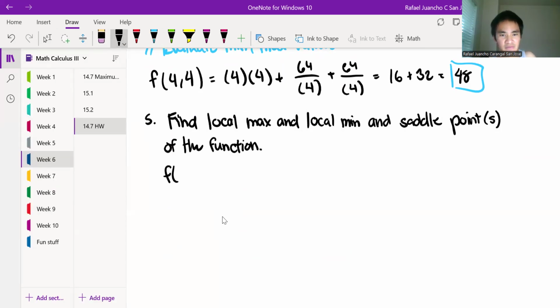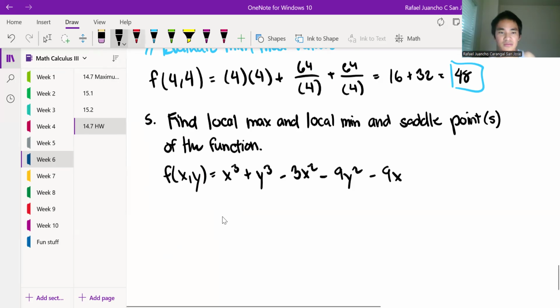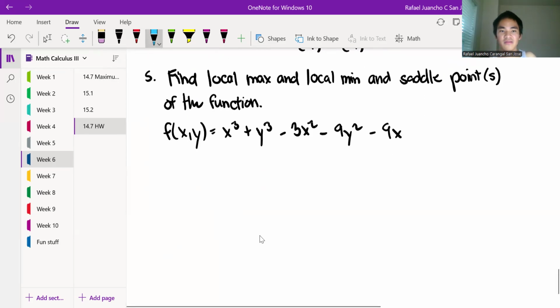So we have f of x, y is equal to x cubed plus y cubed minus 3x squared minus 9y squared minus 9x, right?